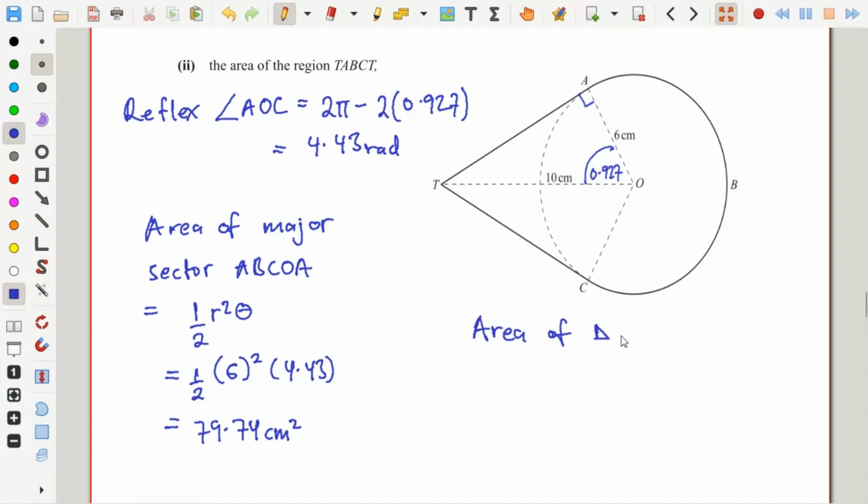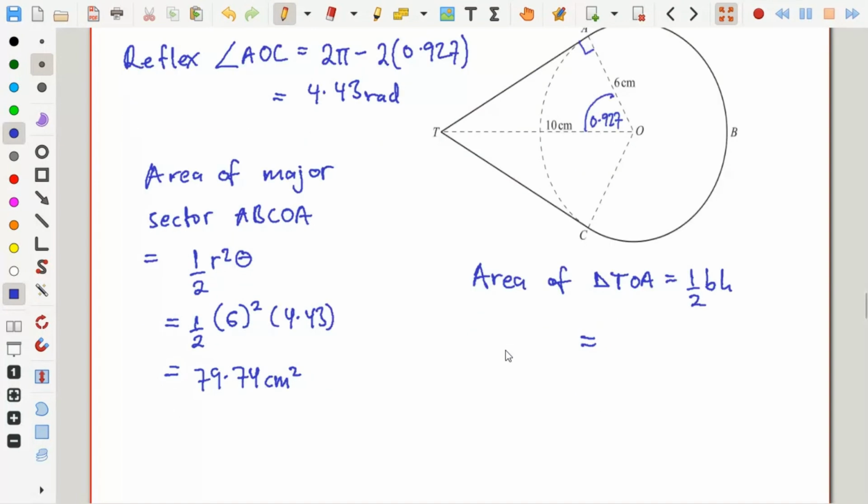The triangle is TOA. That's half base times height. Because it's a right angle triangle, you can just use half base times height. So that is half. Your base is 6, and your height is.